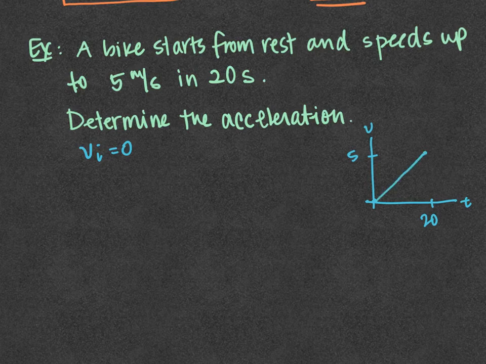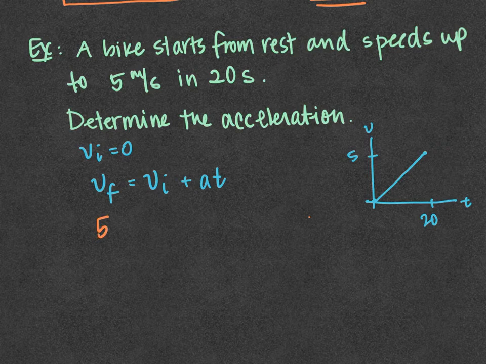Now, if I use the equation of the line for my velocity time graph that we determined before, that v final is equal to v initial plus at, the final velocity, show my substitution, would be 5 meters per second.